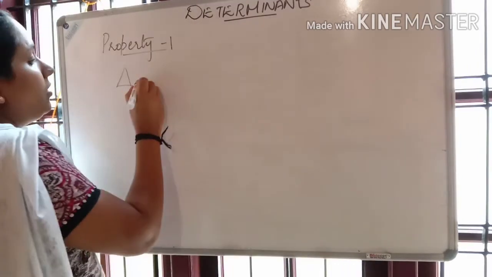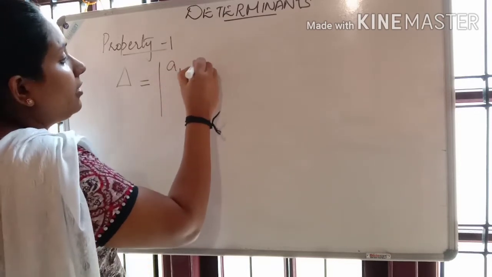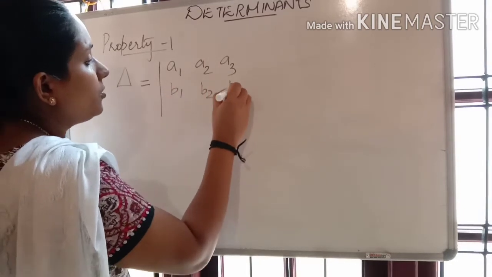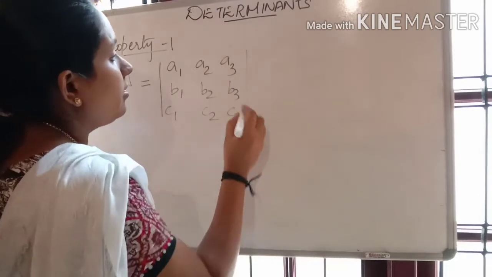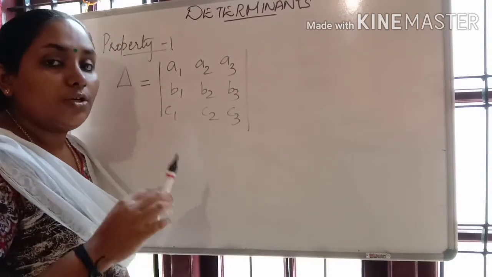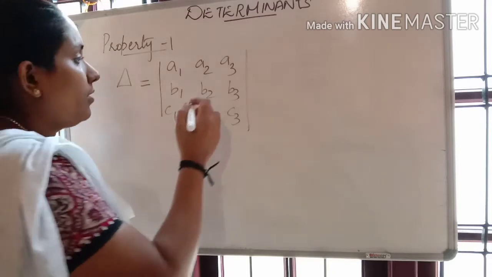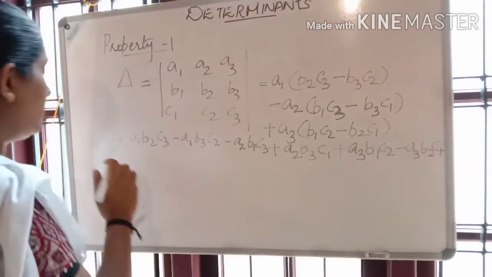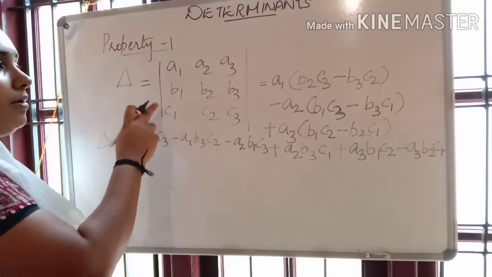Yes, and that is equal to A1, A2, A3, B1, B2, B3, C1, C2, C3. Let's try to do the questions using these properties. Okay, here A1, A3, B2, C1. This is the value for delta, that is the determinant of this matrix.